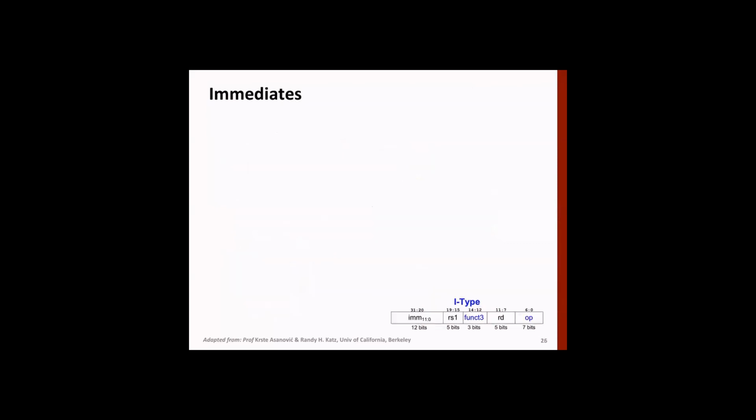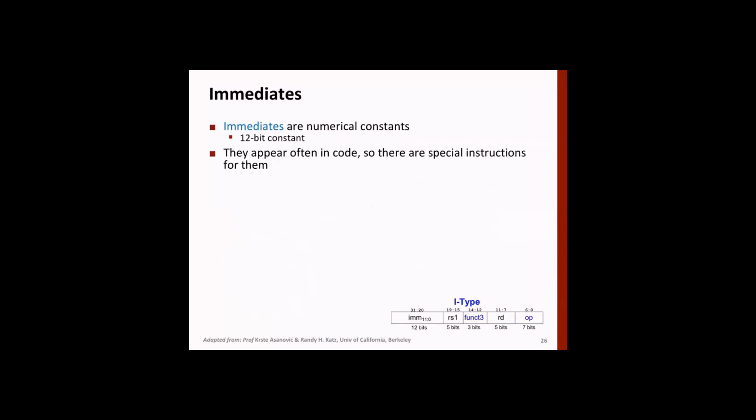Now let's do the second type of instructions, that is immediate types. Here the immediate is essentially a 12-bit constant. So this is the immediate field in the instruction, which is 12-bit wide.